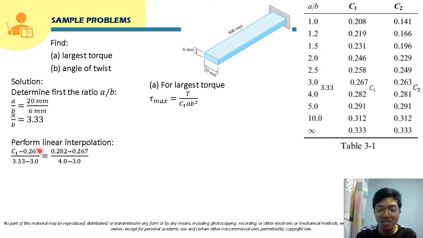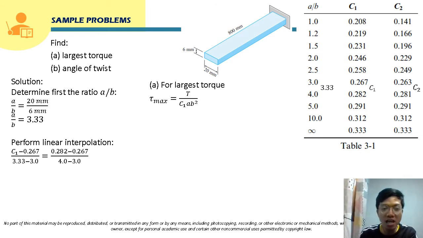This is just like a slope, so we just equated two equal slopes here. For the first slope, that will be C1 minus 0.267 over 3.33 minus 3. This will be equal to 0.282 minus 0.267 over 4.0 minus 3. That's how you do interpolation, class.